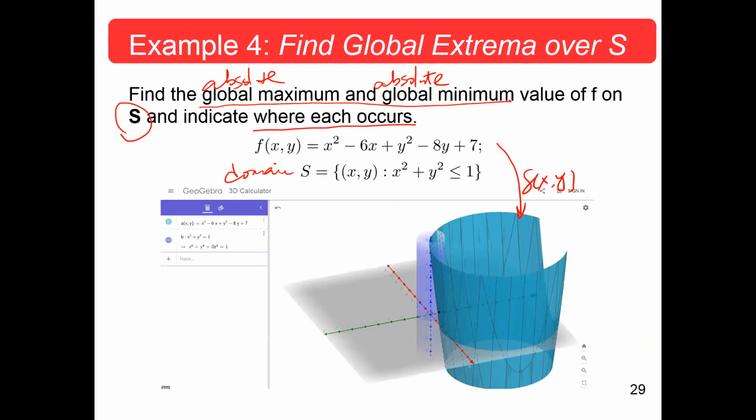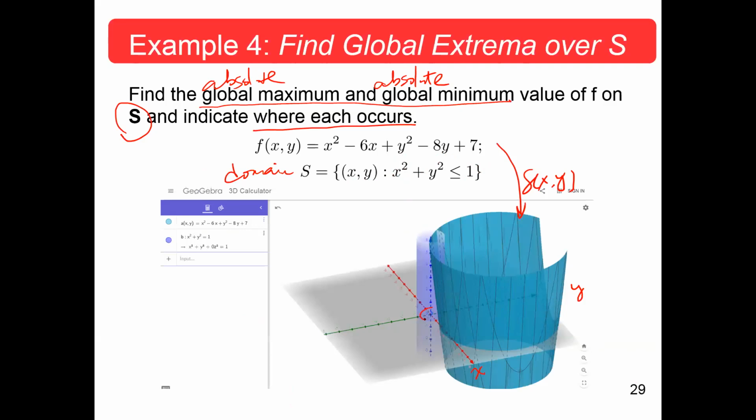This one is just on the xy plane. So this is the x-axis, here's the y-axis. If you look at the xy plane, this basically is referring to a circle, right? It's inside and on a circle, right?